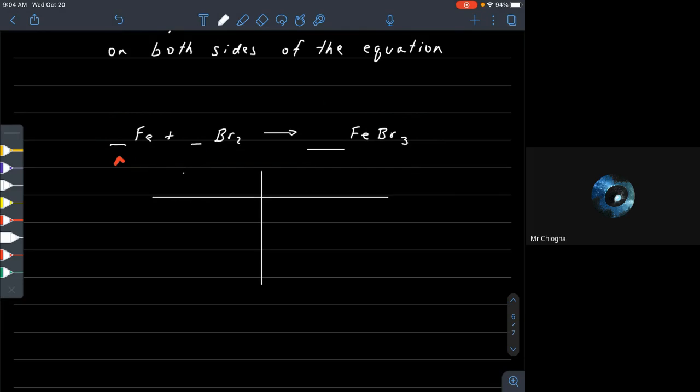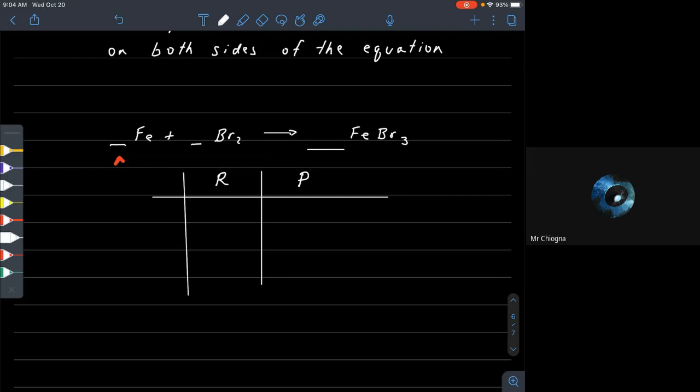So this column here represents the left side. You can put reactants if you want, like R for reactants, P for products. Product side.